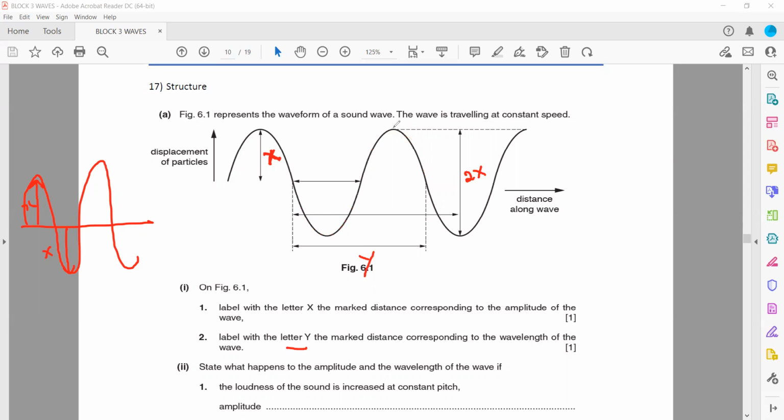So this is one crest, this is another crest. The distance between two successive crests is the wavelength, represented by letter Y. And this is just half of the wavelength, so this is Y by 2. You have to label only with letters X and Y, the amplitude as well as the wavelength.